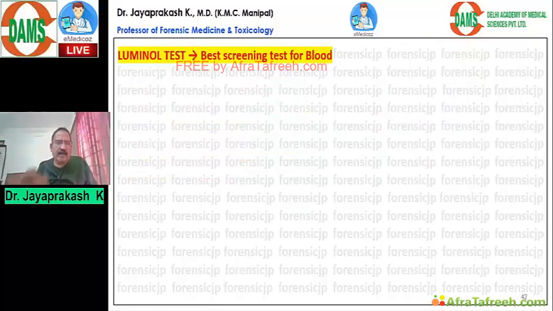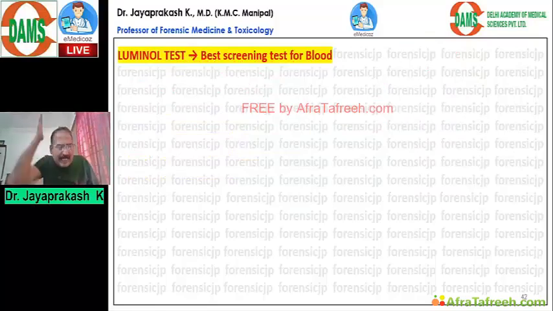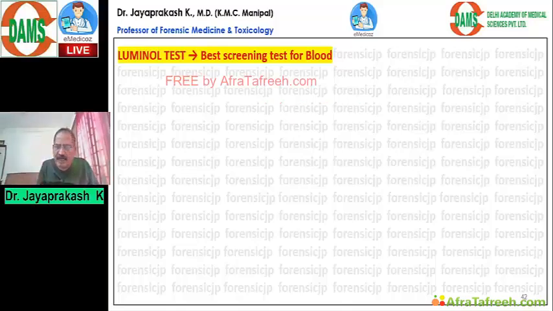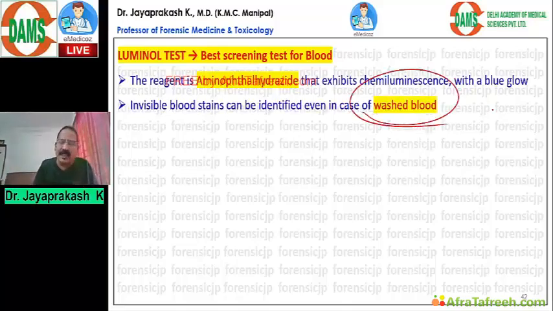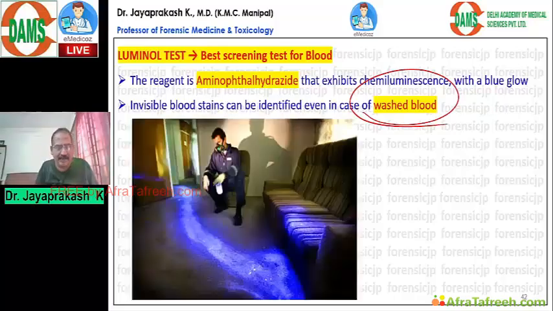Now, for blood, which is the best test? Some people used to say phenolphthalein test or some other test. No, remember, as per Anil's textbook, the best screening test for blood is the luminol test. Which test is used even in case of washed blood? If the floor is totally washed, you can still see the blue hue when you use luminol.